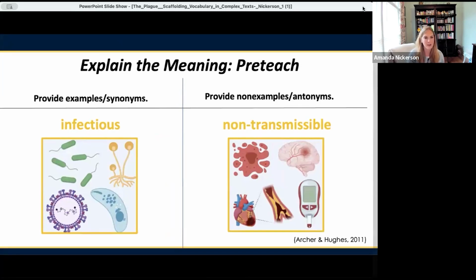Those little microscopic organisms we can see under a microscope. Some non-examples would be diseases that are non-transmissible. So cancer, heart disease, high blood pressure, right? Diabetes, those are all diseases. They all present challenges, but you can't catch them from somebody else. They're not infectious.